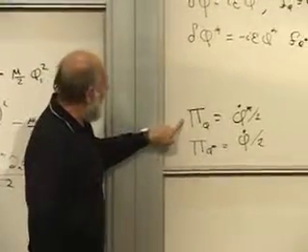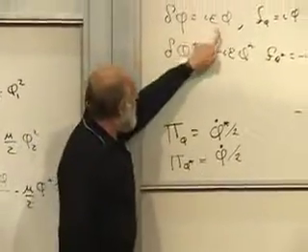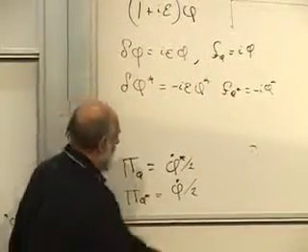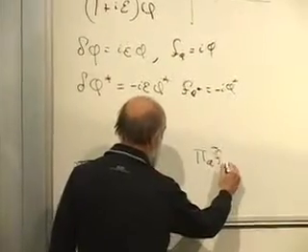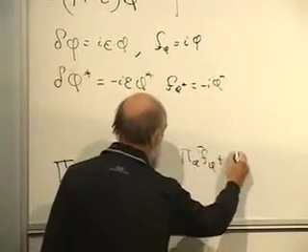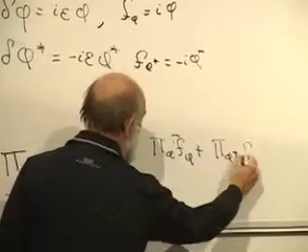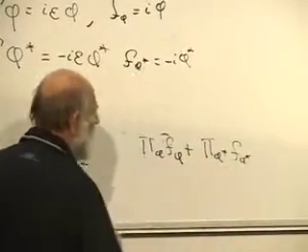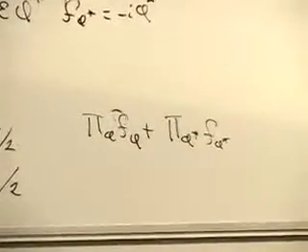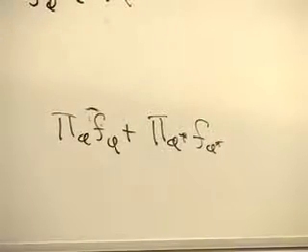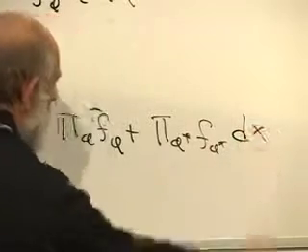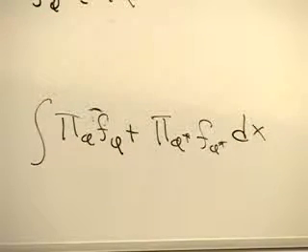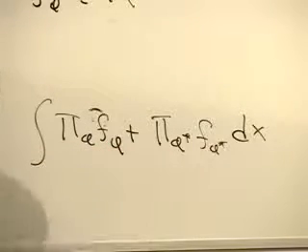It's pi sub phi times f sub phi, plus pi sub phi star times f sub phi star. Now what have I left out? Integral over space. That's the summation over i. The analog of the summation over i is the integral over space.